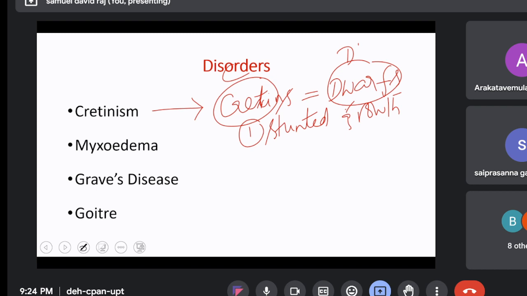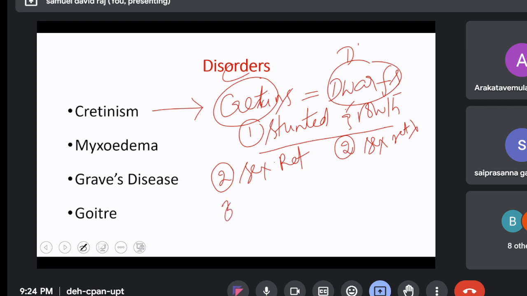And the difference being, cretins are sexually retarded, while dwarfs may or may not be sexually retarded. And cretins are said to be mentally retarded, and dwarfs are said to have normal IQ.